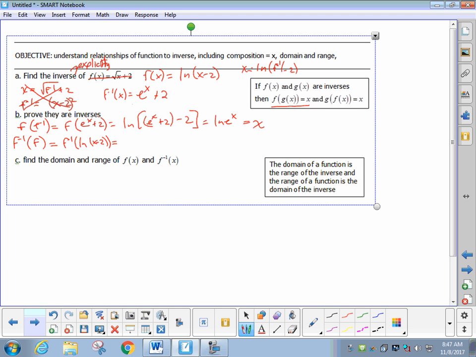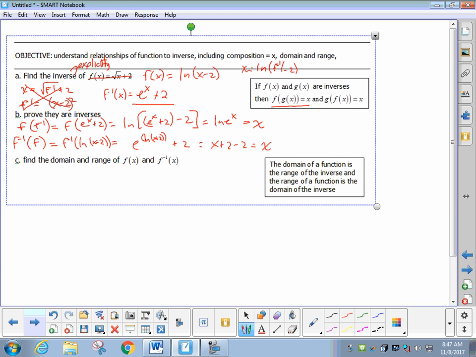So I look at the inverse and I say the inverse is e to the blank plus 2. And in that blank, I put f. E to the log, cancel each other out. Get x plus 2 minus 2, which is just x. All right.